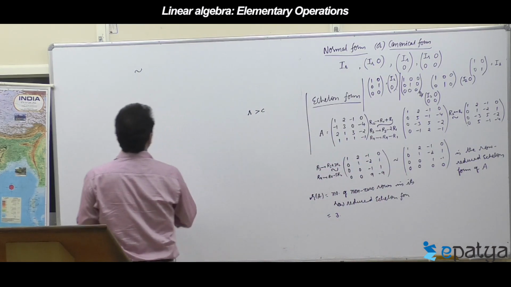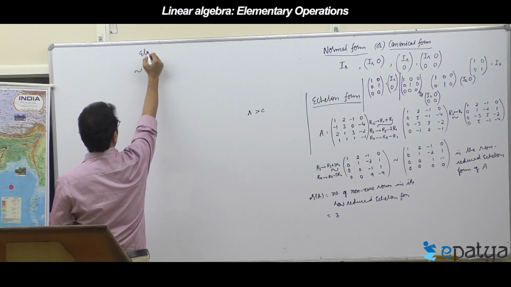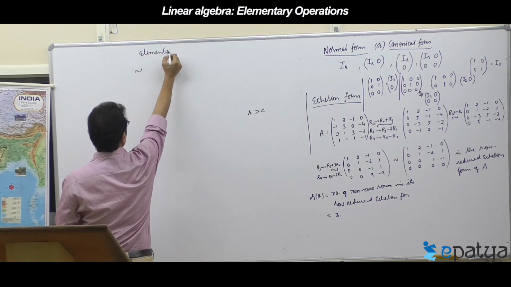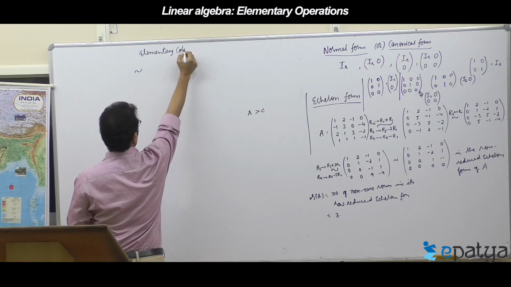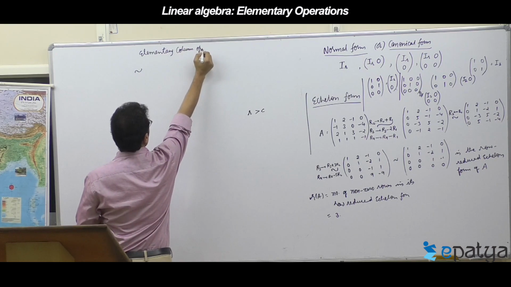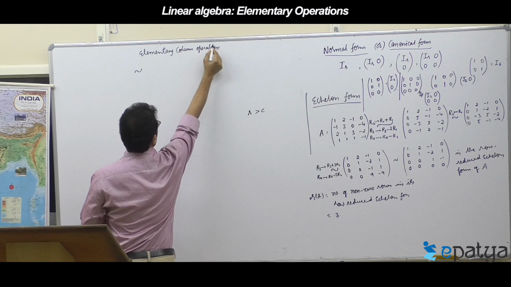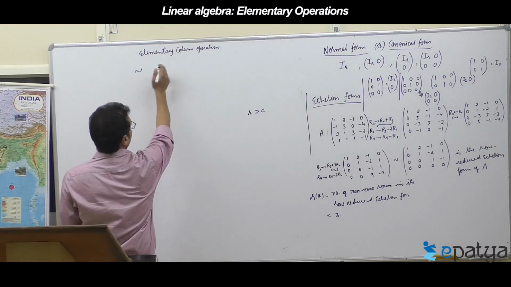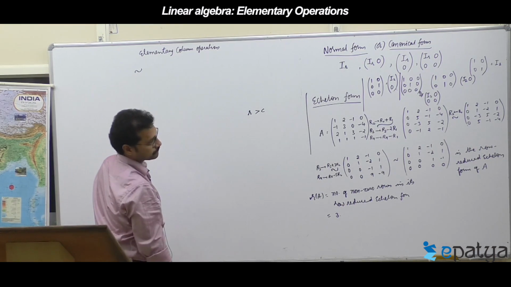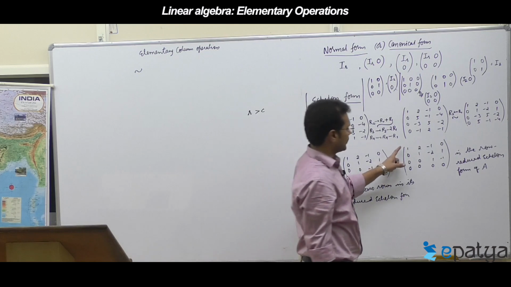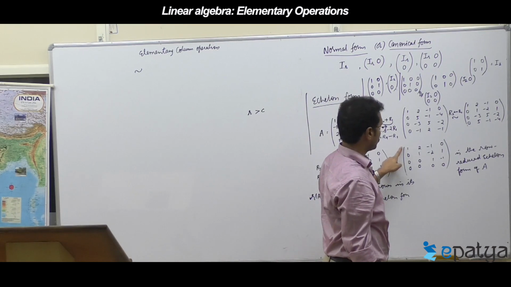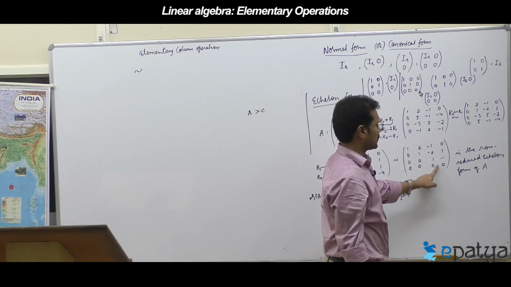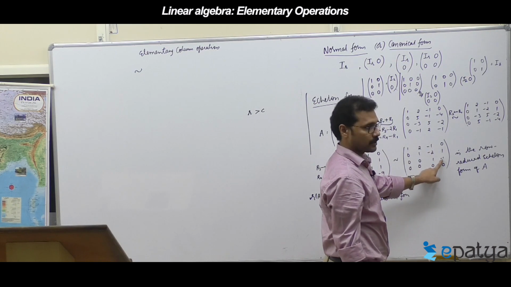So what I will do is go with elementary column operations. Okay. Then I will again take this as the reference row and try to convert this into zeros.